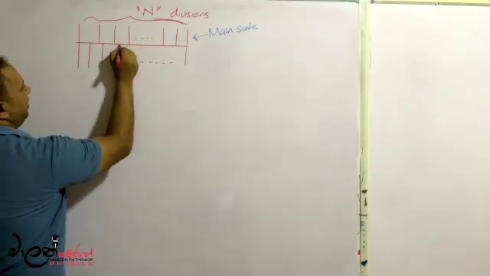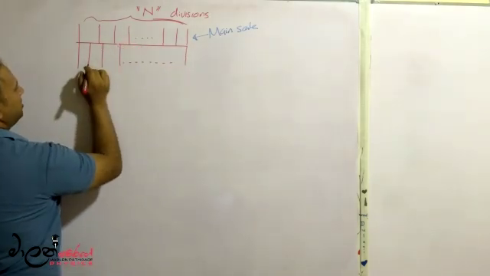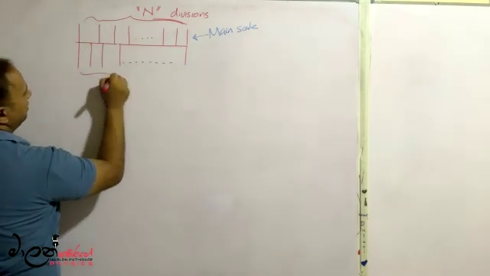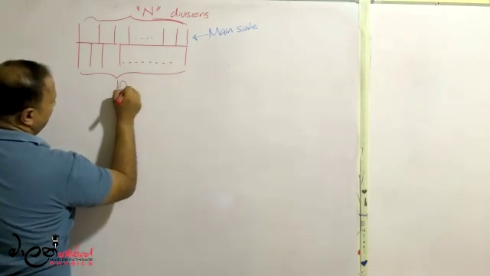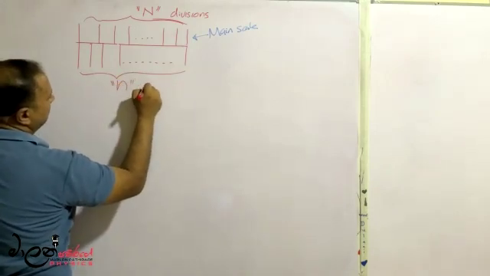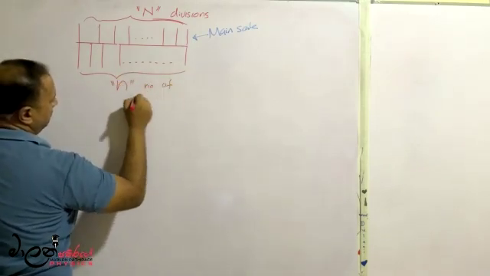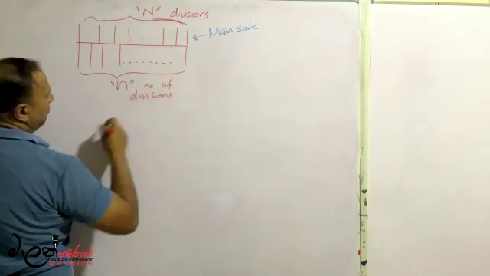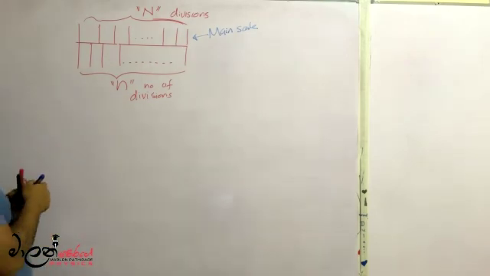So those are divided into simple n number of divisions in the vernier scale. This is the vernier scale.